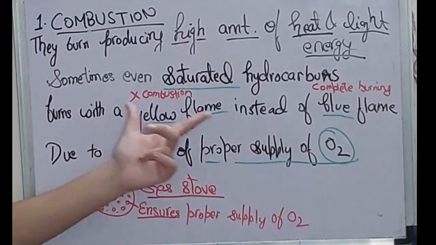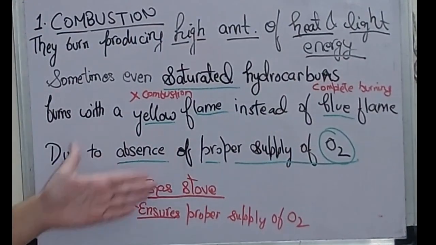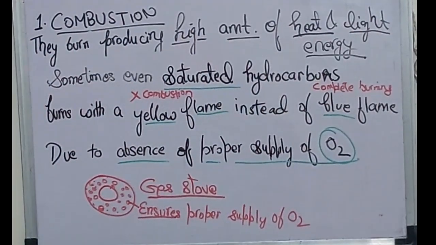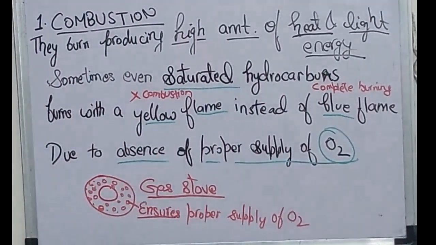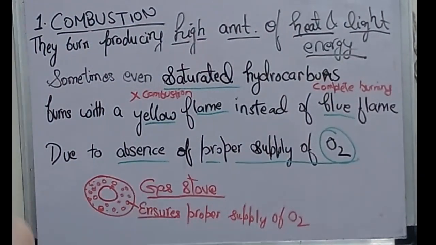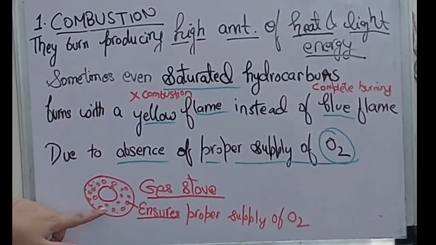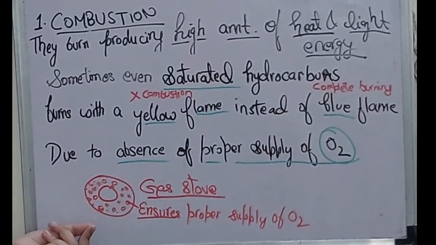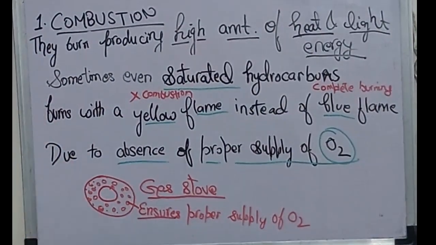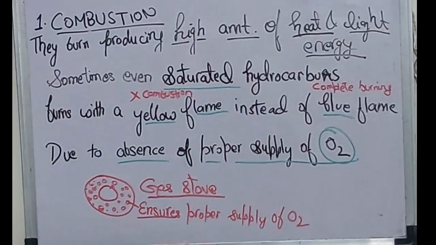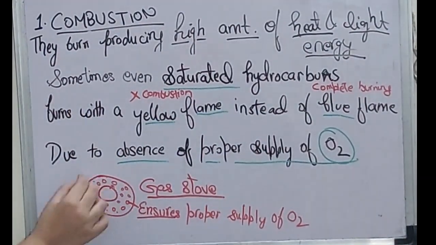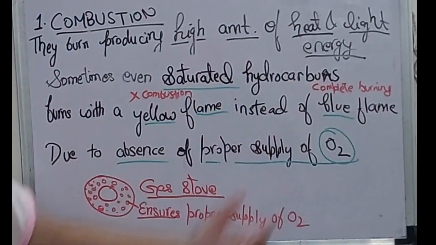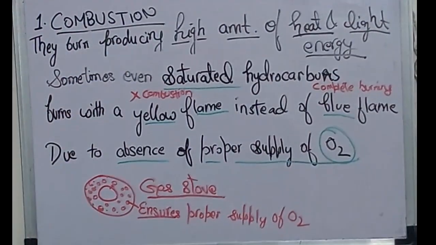First the blue flame comes and after a few days this yellow flame comes. Why so? In the gas stove we already have these pores to ensure proper supply of oxygen. So why in our houses do we observe this yellow flame? It is because by cooking and using it in the open air, these pores get filled and blocked. These tiny pores fill up, get dirty, and dirt collects in there. Because of this, proper supply is not possible, so the flame turns yellow. And as soon as you clean the gas stove, you will again receive the blue flame. This is about combustion.